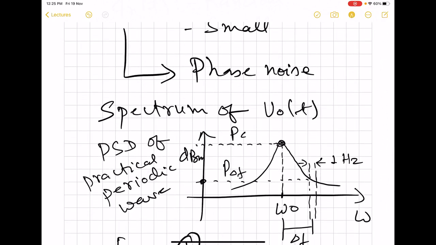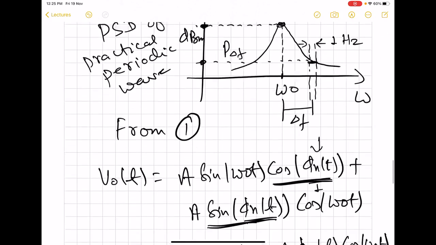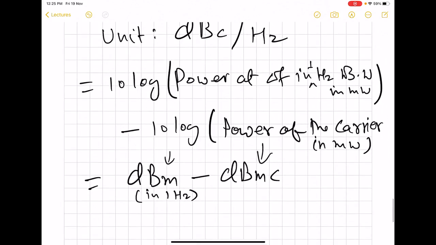So we just read this value, and then subtract it from the value that we have obtained from calculating the power in 1 hertz bandwidth at delta F. So this is how we can calculate this in real life.